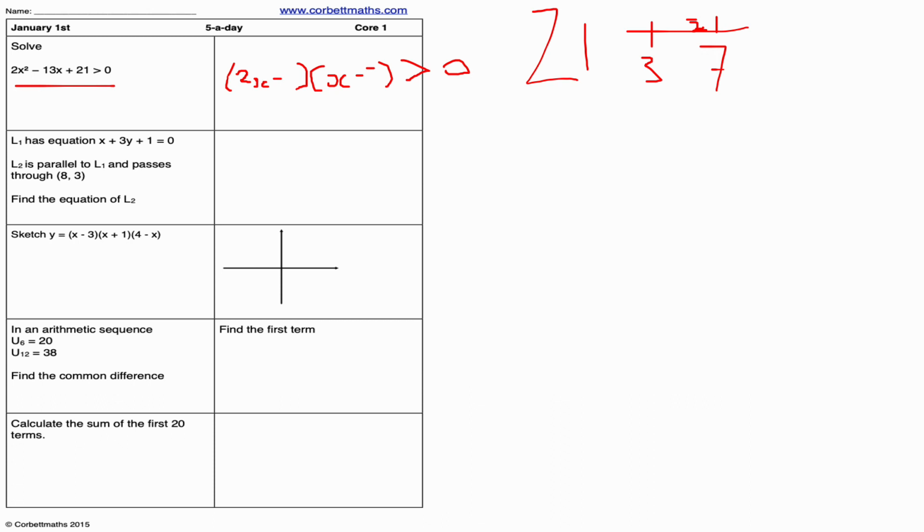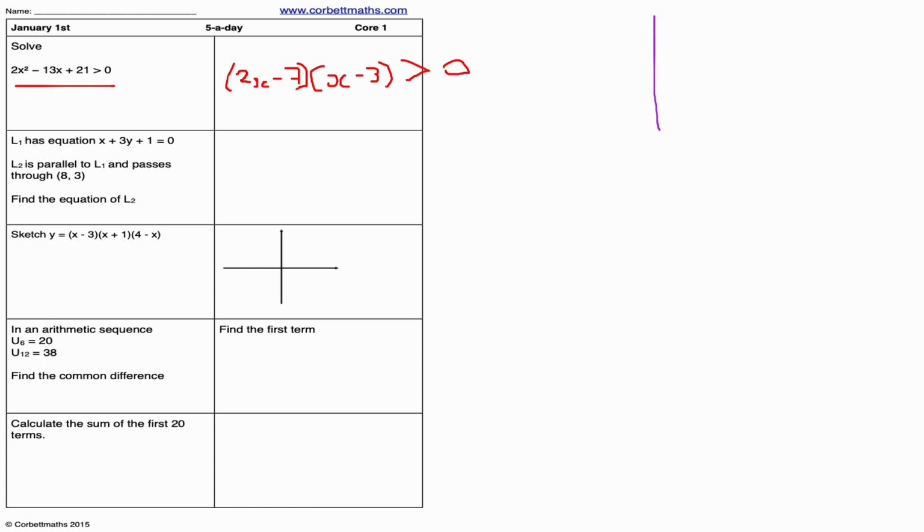So if I put a 3 here and a 7 here, it triples 2x, so the triple of 2x is minus 6x, minus 7x makes minus 13x, and then minus 7 times minus 3 is positive 21. So that does confirm my answer. I can always check by expanding the brackets. I've done it a bit by trial and error, but you would test the 2 numbers and see which way around it goes in order to make that minus 13 and the positive 21.